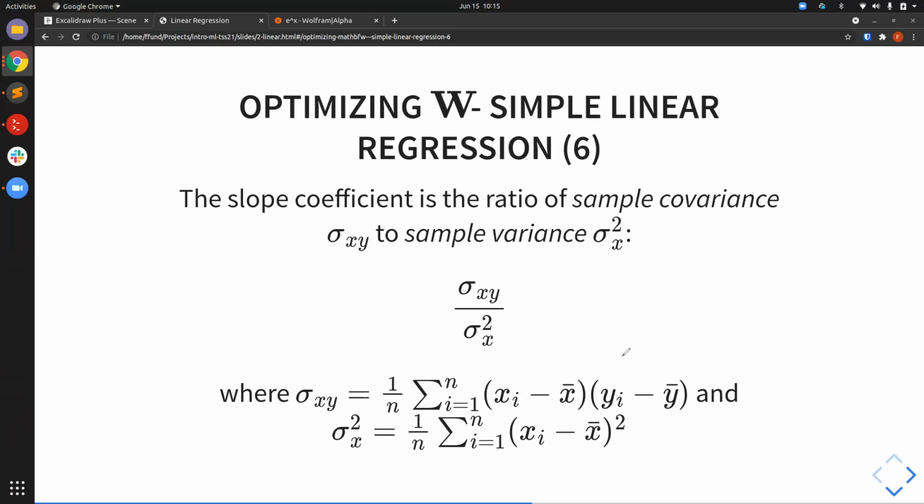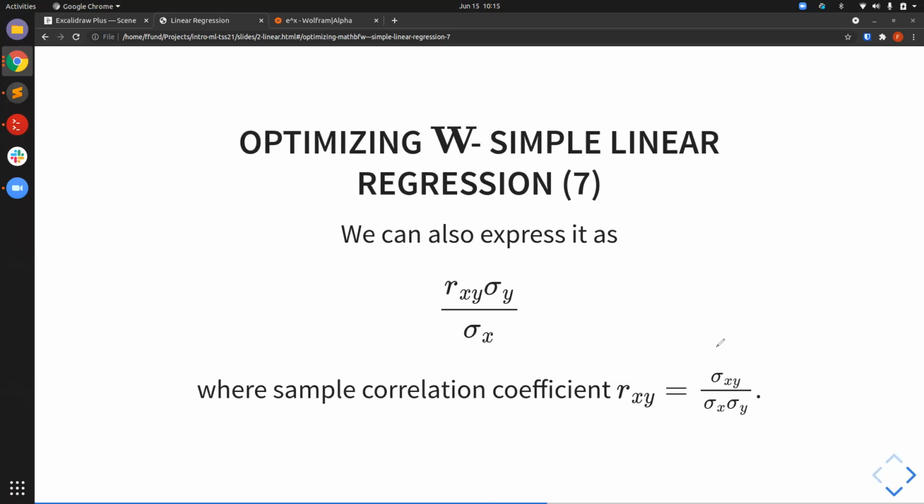So to what extent is an increase in one quantity associated with an increase in the other quantity, or if it's a negative value, associated with a decrease in the other quantity. Now, it's actually more common to express that relationship using what's called the sample correlation coefficient. So you could express the sample correlation coefficient like this. This is the definition of this correlation coefficient, which we call R. And then you can say that the slope coefficient is equal to R times variance of Y divided by the variance in X.